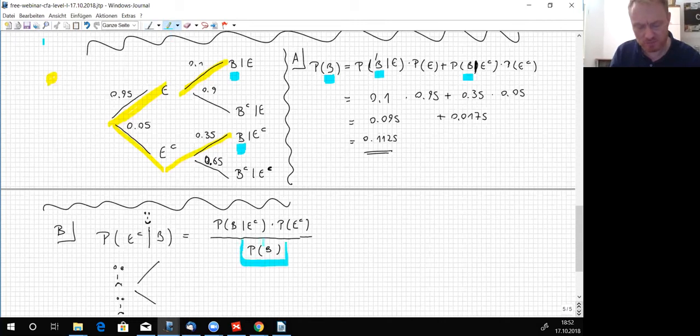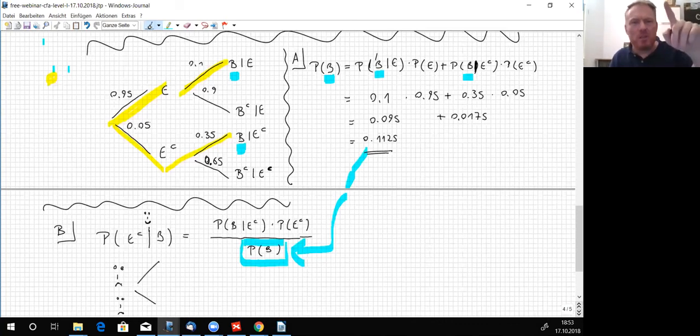This here is the answer 0.1125, right? So the total probability rule is already part of the answer. That's why we asked for the total probability rule first and then go to Bayes' formula, because Bayes' formula makes use of the total probability rule. Keep that in mind, please.